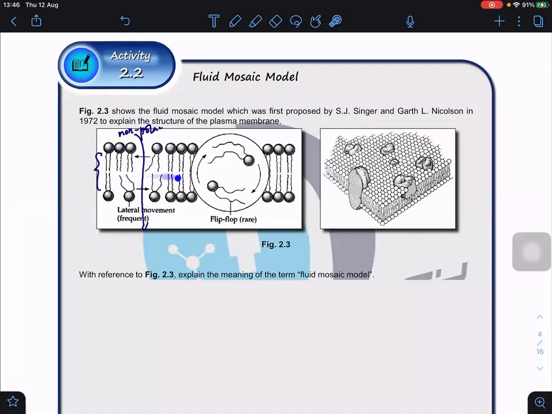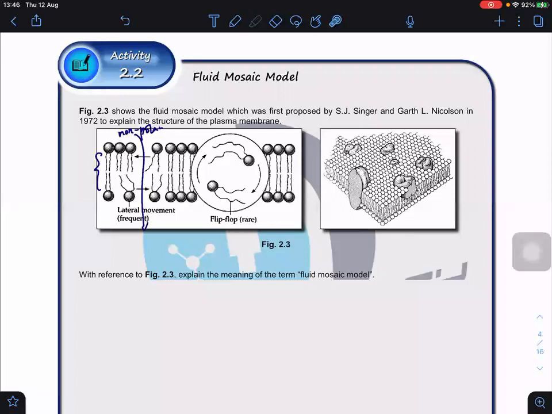If there were no fluidity at all, and the membrane were very rigid, with the phospholipids packed so nicely, could CO2 diffuse across? No. Could O2? No, it would be impossible for particles to diffuse across. But our membrane is not rigid, it is fluid. It has a certain degree of fluidity, and this fluidity allows non-polar particles to pass through.